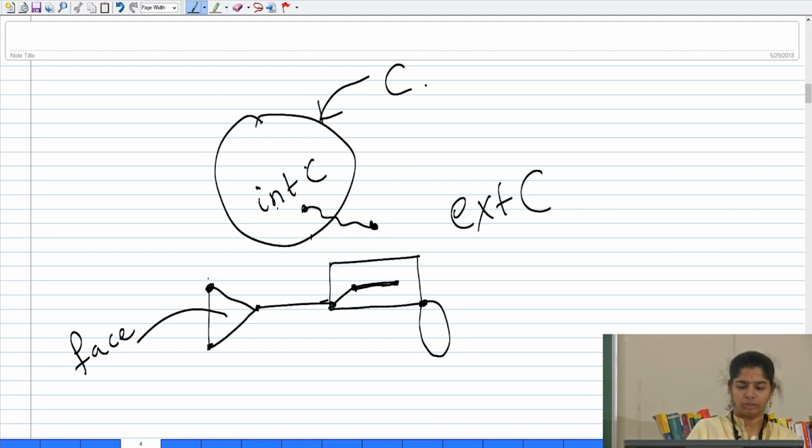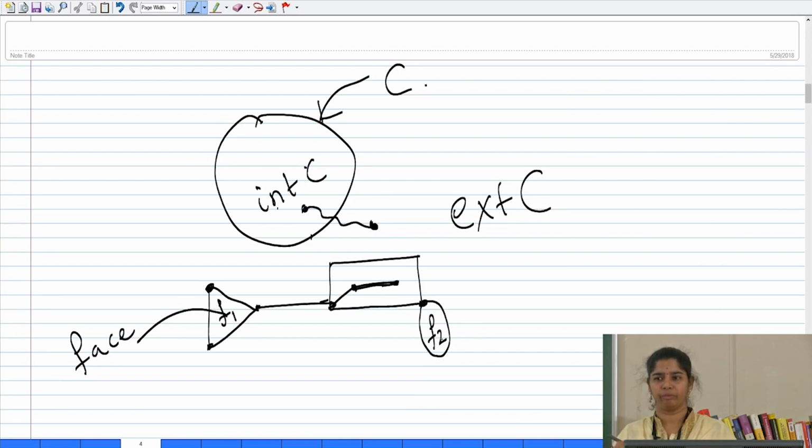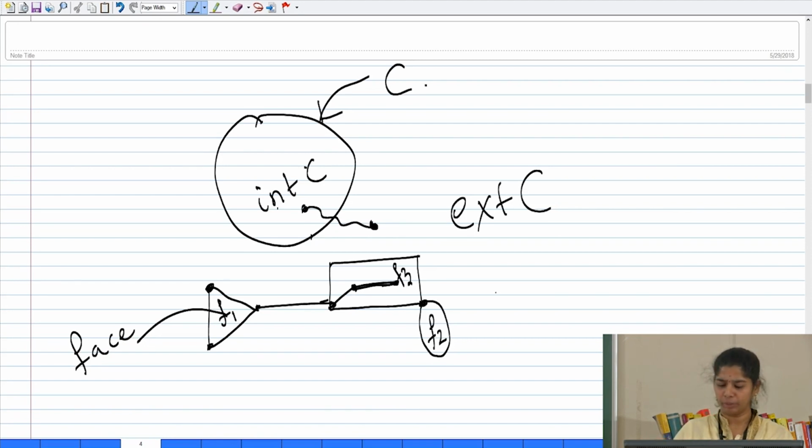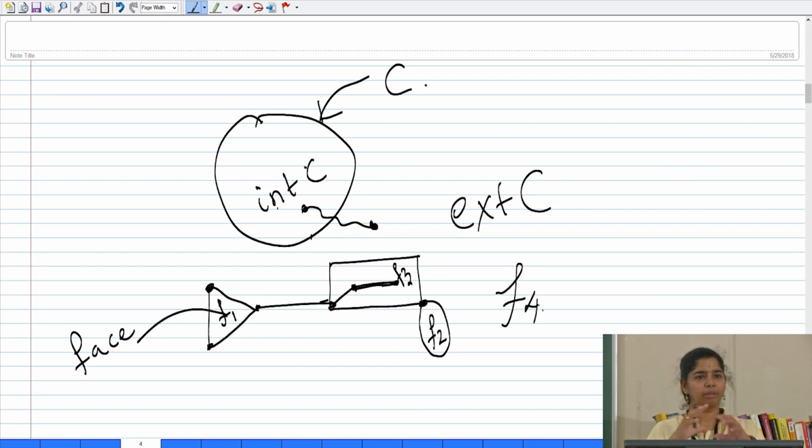So the first face is this, let me label it F1, another face is this loop, F2, and this is face F3, then the outer unbounded face. Usually the unbounded face is what we call the exterior. If it is a bounded region, then we call it interior.